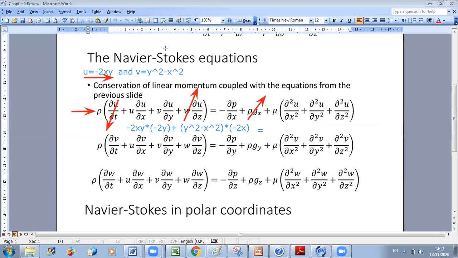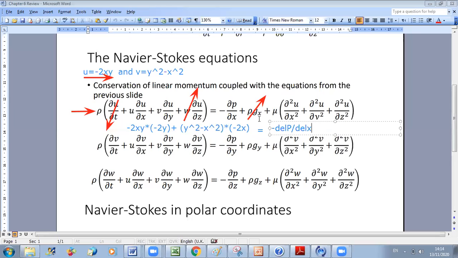So from this side I will get minus del p by del x. And now for the other side, what do I have? Rho gx is 0 because there is only gz. So here z is vertical, I am moving in a horizontal plane, so gx is 0, gy is 0, and gz is minus g.